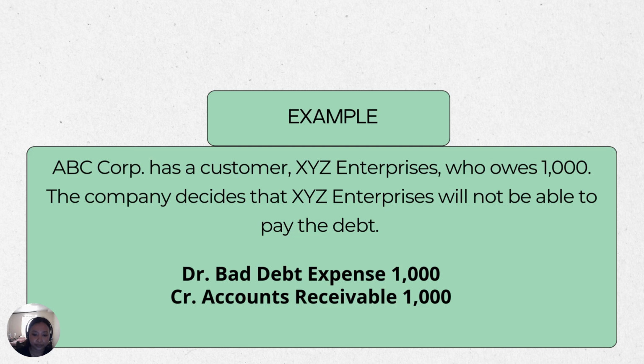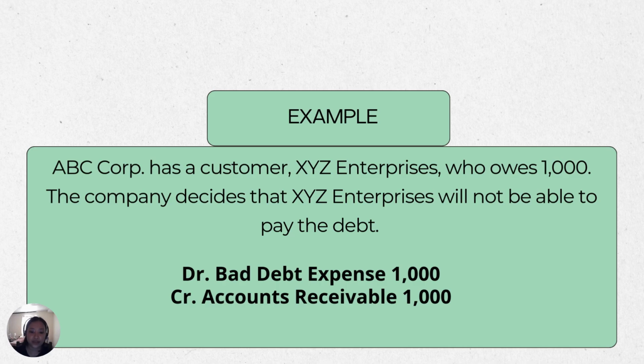The amount is written off directly to bad debts expense. So the journal entry here is: debit bad debts expense for 1,000 pesos and credit accounts receivable for 1,000 pesos.